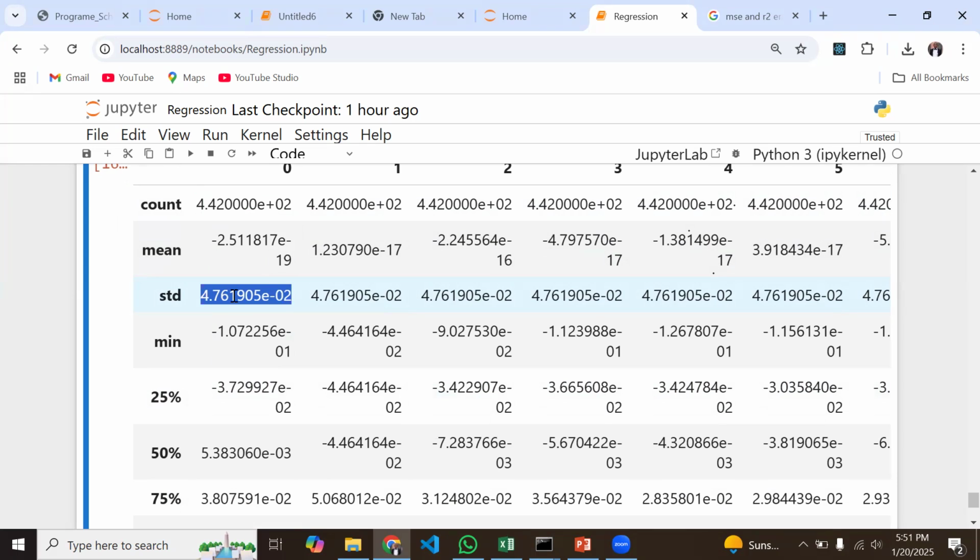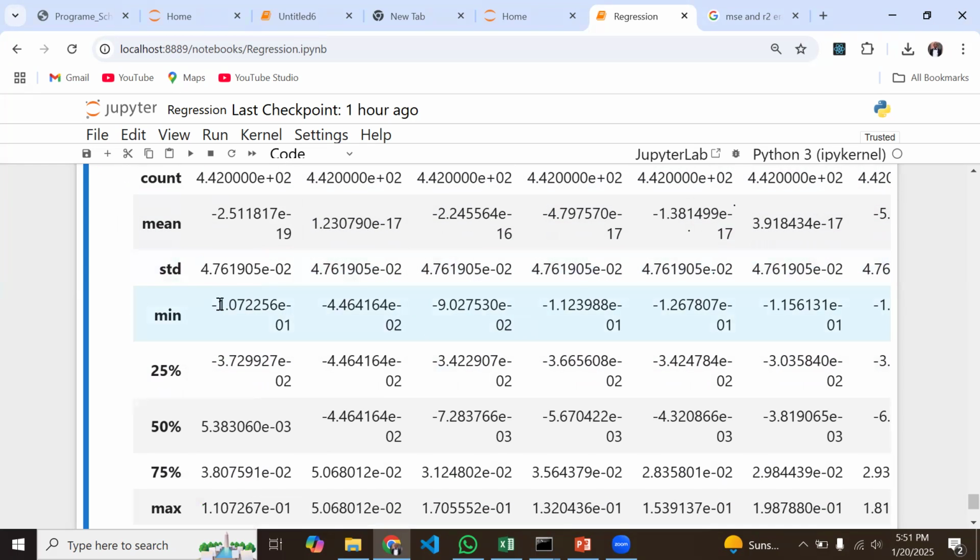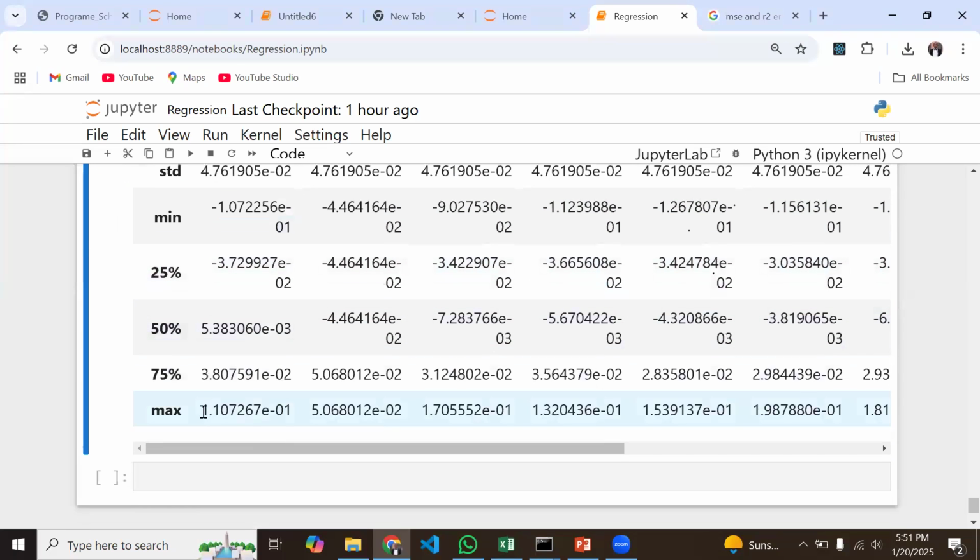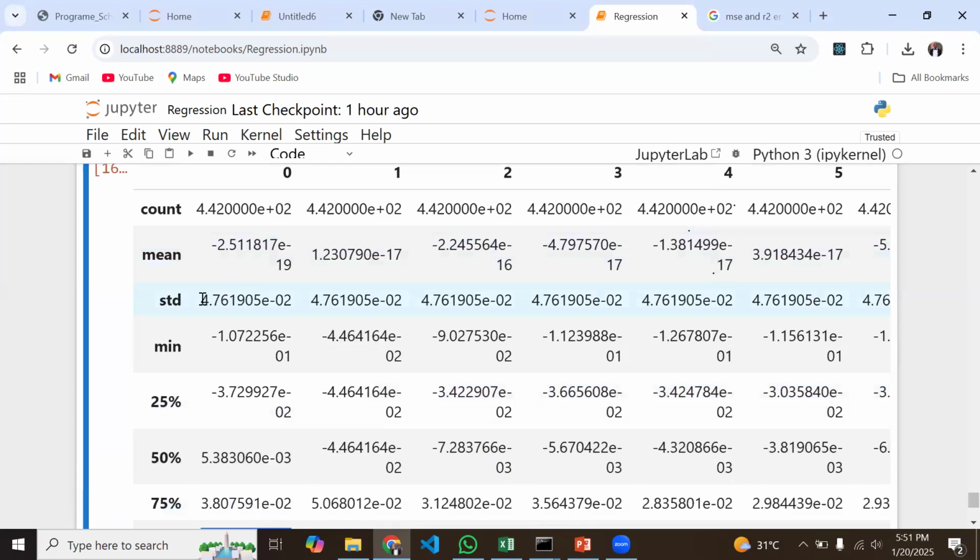This is a very small standard deviation, and then the minimum value is what we see over here. The maximum value is what we see over here, and the standard deviation is extremely small with this mean.